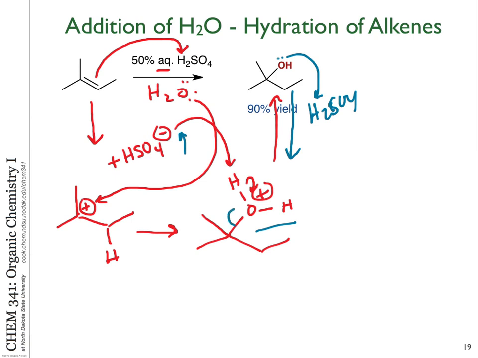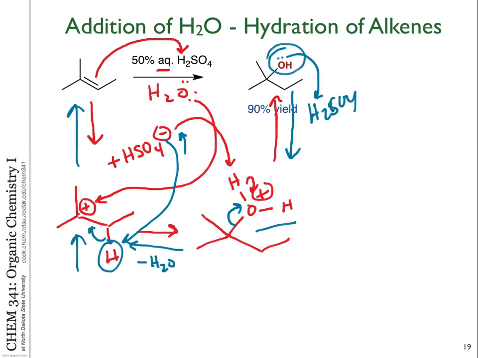You lose water, so water comes off here to form an intermediate carbocation, and then hydrogen is eliminated to the sulfate to go here. So the opposite of this addition of H2O catalyzed by sulfuric acid is the loss of water under acid-catalyzed conditions to form an alkene, a dehydration reaction. The mechanistic steps are the same in the forward direction or the reverse direction.